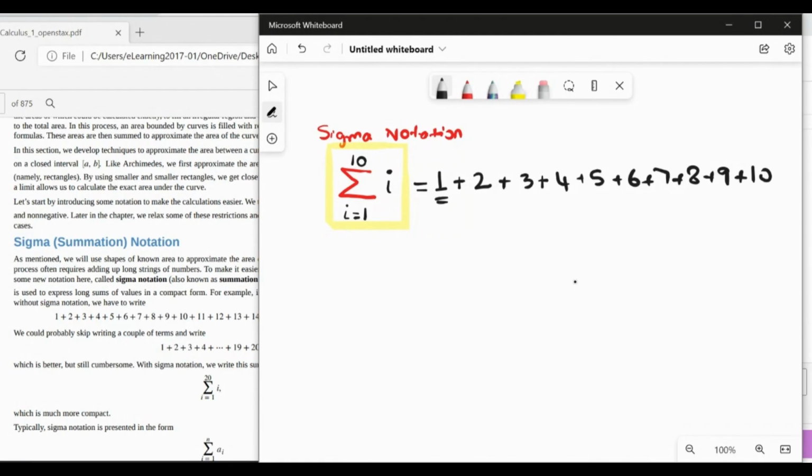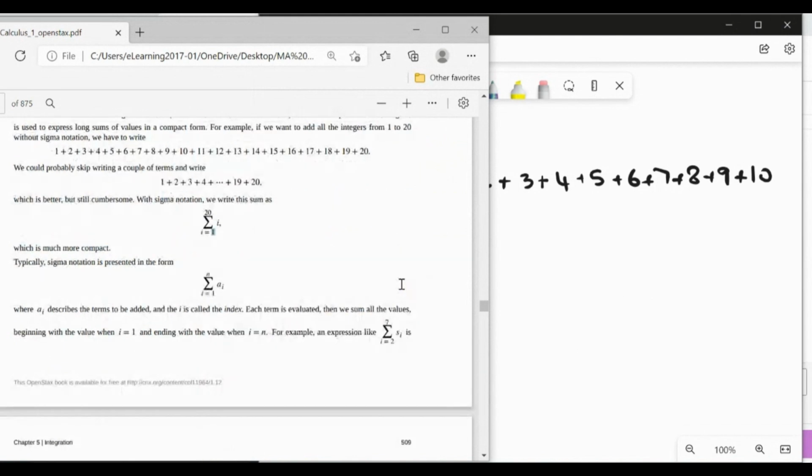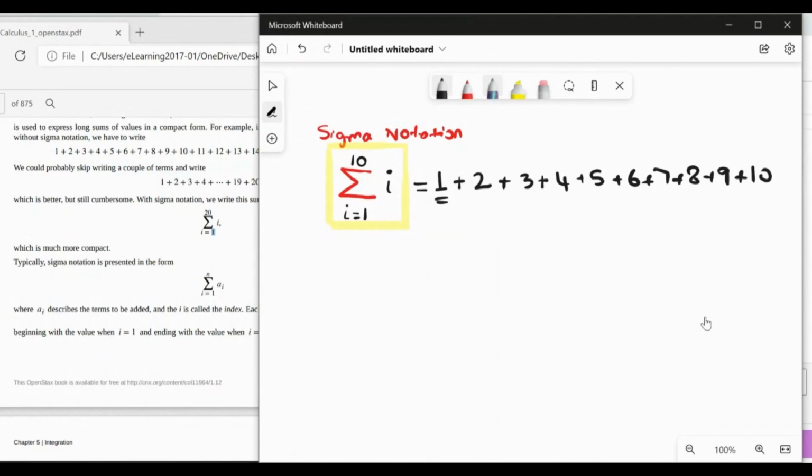So this is the lower limit of the sum, and this is the upper limit of the sum, the number we put on the top, and this I is what we call the index.